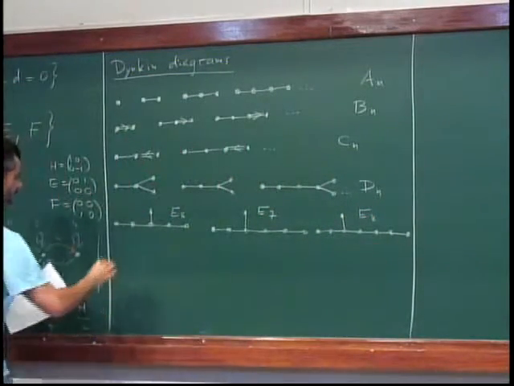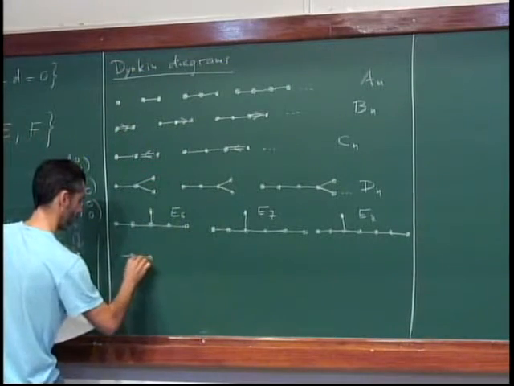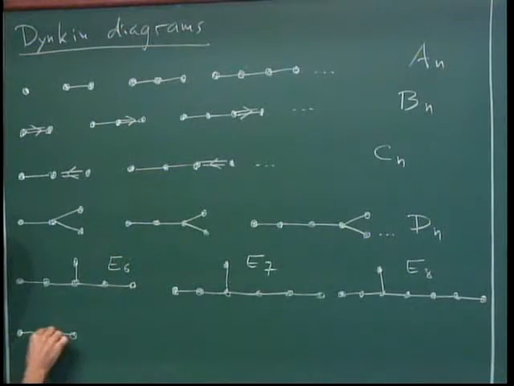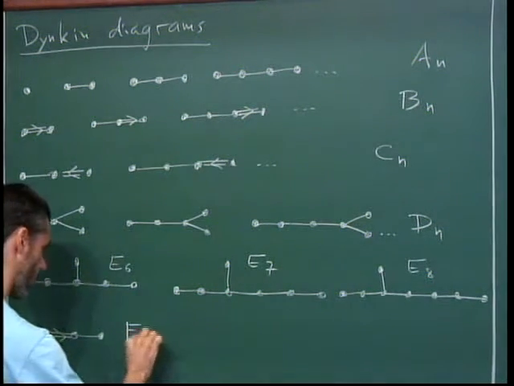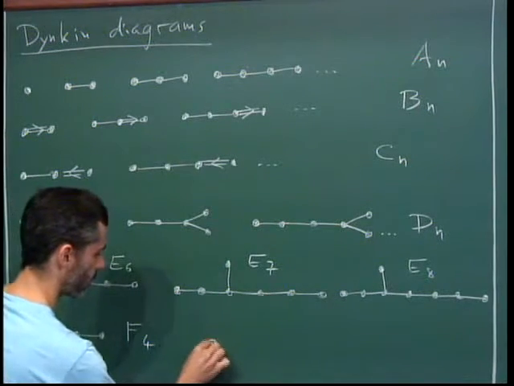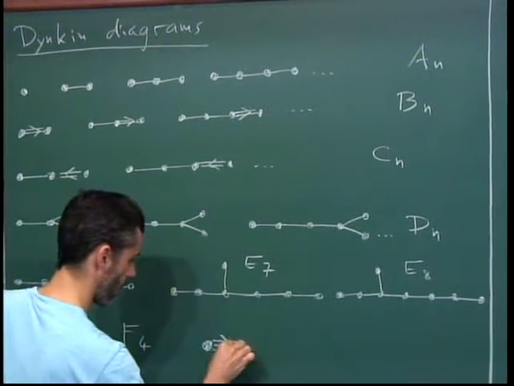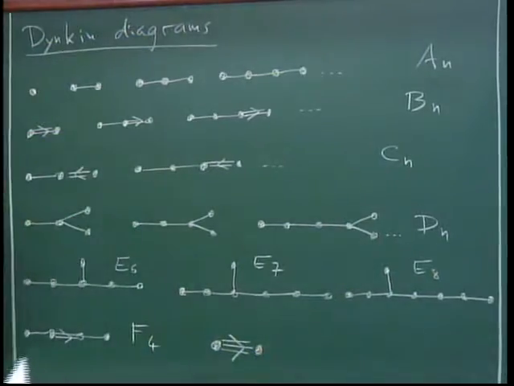There's E8. There's one that goes by the name F4. And finally, there's one that goes by the name G2, and that involves a triple connection.